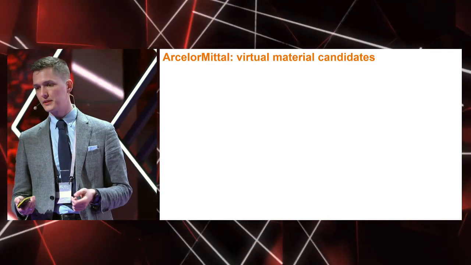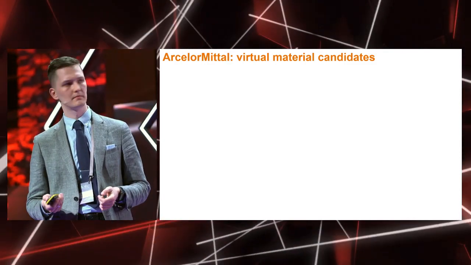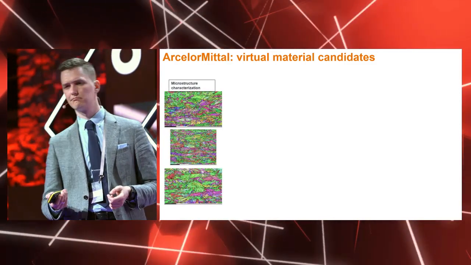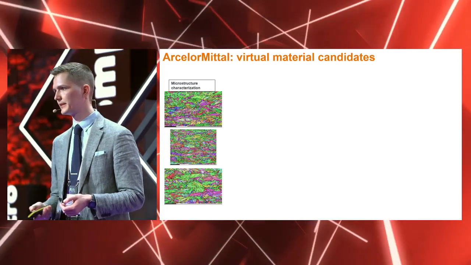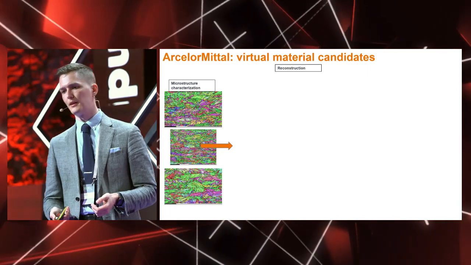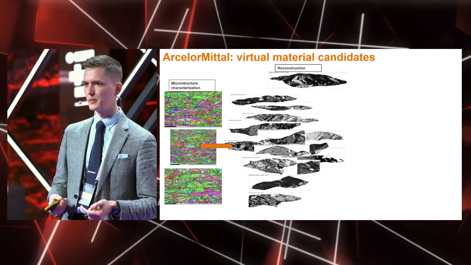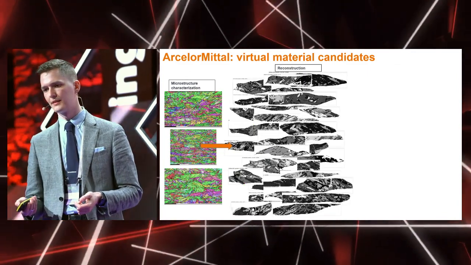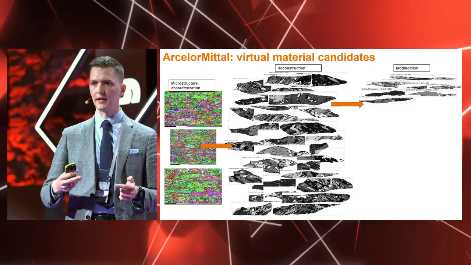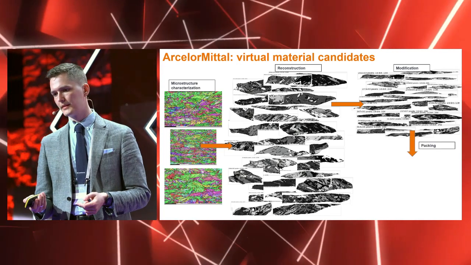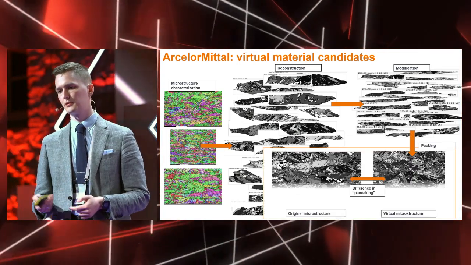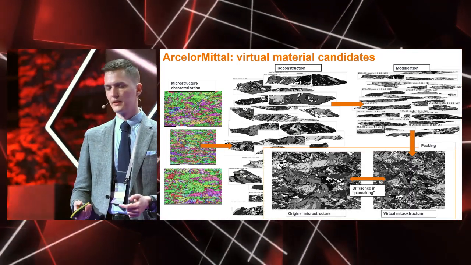And that's what we did. First, we characterized the microstructures, understanding their features. We then reconstructed the prior austenite grains. We modified their aspect ratios, mimicking cold rolling, and reassembled them into new virtual microstructures.